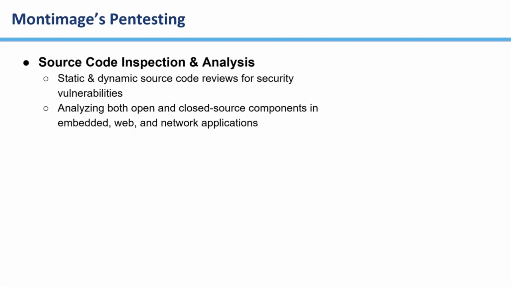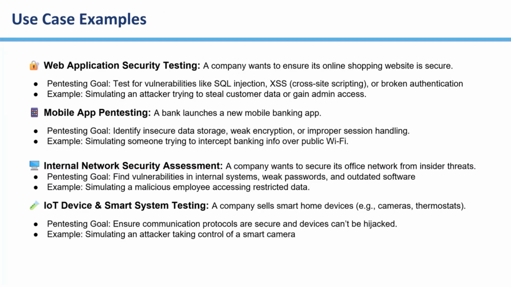To this, we also complement doing source code inspection and analysis, which is important to detect vulnerabilities in the code, not only on the web application, but also on the network applications and all types of components.